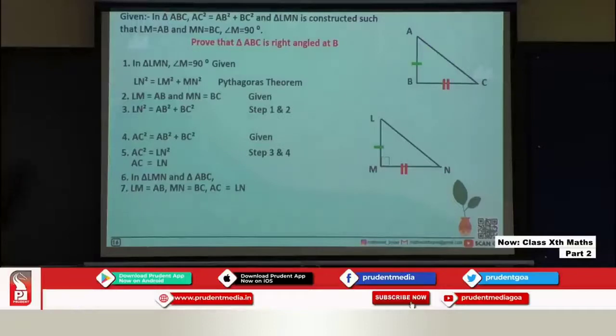Okay. So taking all these sides, I can write, from step 2 and 5, right? So in step 2, those two sides were equal. In step 5 and 6, we have proved that the other side, AC is equal to LN. So from here, I can write that all these sides are equal.